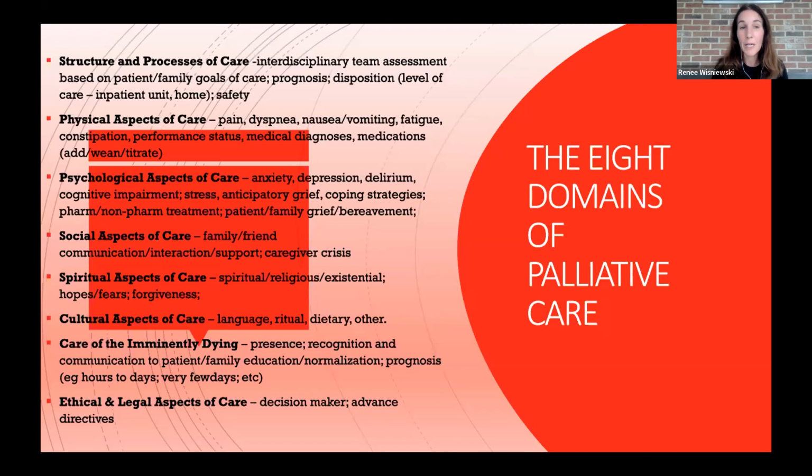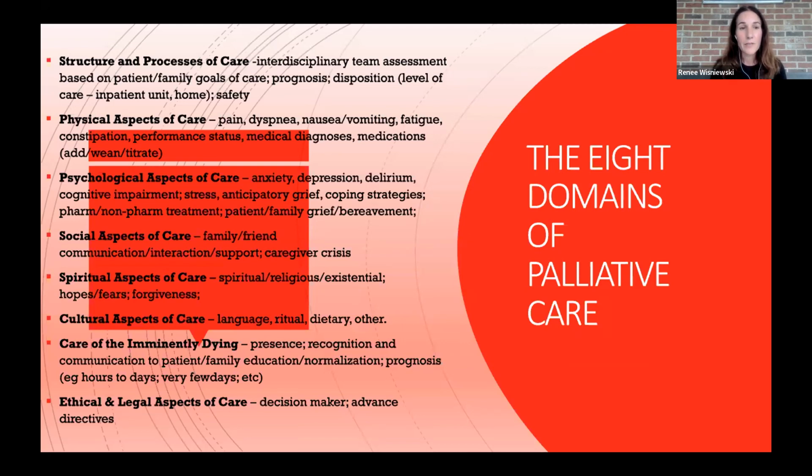Delirium, cognitive impairments can be a part of the disease process, but can also be side effects of treatments. Palliative care addresses stress, anticipatory grief, coping strategies. These can be treated with pharmacological interventions and non-pharmacological interventions. And also, we look at patient family grief and then bereavement once the patient has passed.